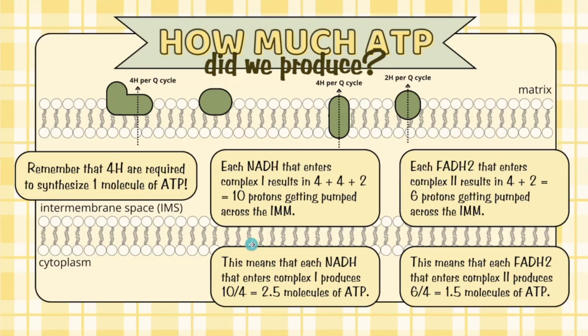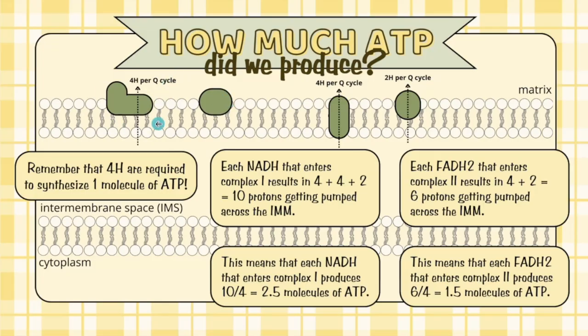And since 4 protons are required to produce each molecule of ATP, we have 10 divided by 4, so 2.5 molecules of ATP produced by each NADH. Now, each FADH2 that enters complex 2 will not pump protons there.